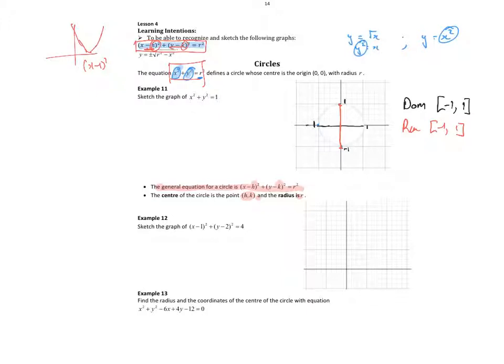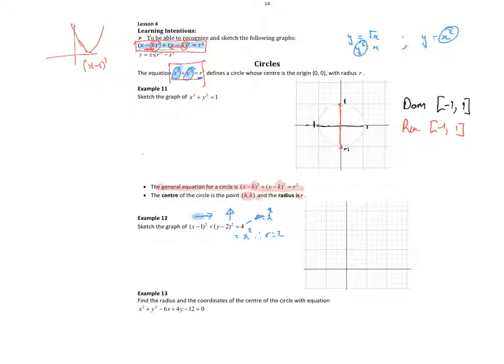So let's have a look here. All we need to know is it's shifted 1 unit across, 2 units up. The radius squared is equal to 4, which is 2 squared, so the radius is equal to 2.